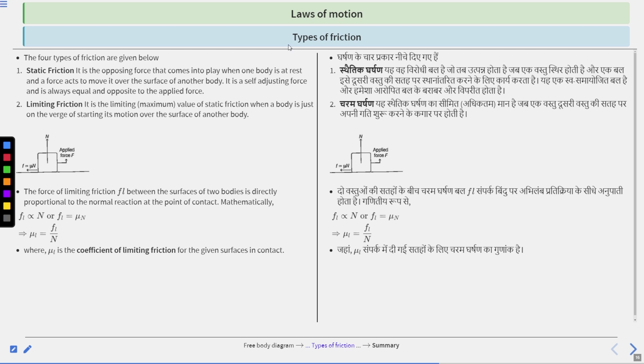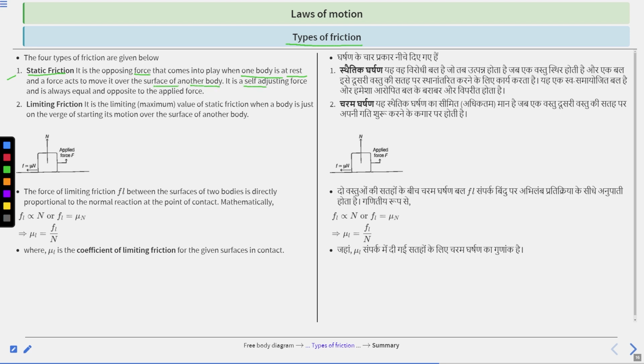Types of friction. There we will learn two frictions. First is static friction. It is the opposing force that comes into play when a body is at rest and a force acts to move it over the surface of another body.